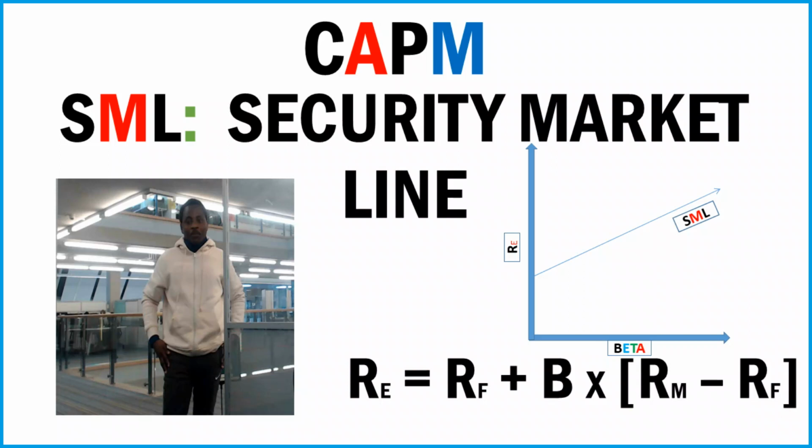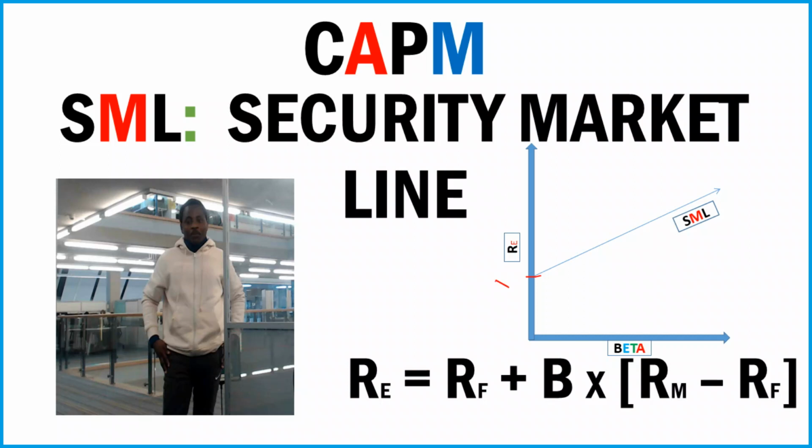First of all, we need to establish one thing: the security market line is measuring the performance of the risk. It starts from the risk-free rate and slopes upward. So this point is our risk-free rate, RF.